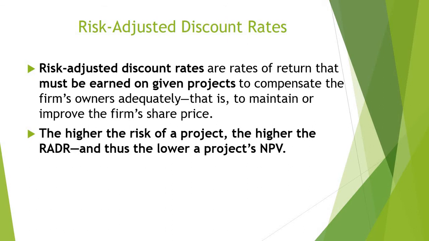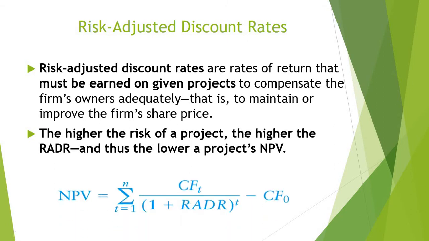So, the higher the risk of a project, the higher will be the risk adjusted discount rate, or simply RADR, and the lower a project's net present value. So this is how we can find the NPV of a project using the risk adjusted discount rate.